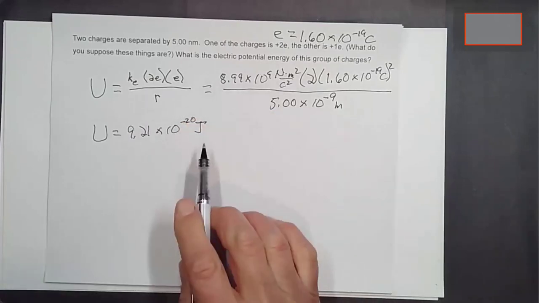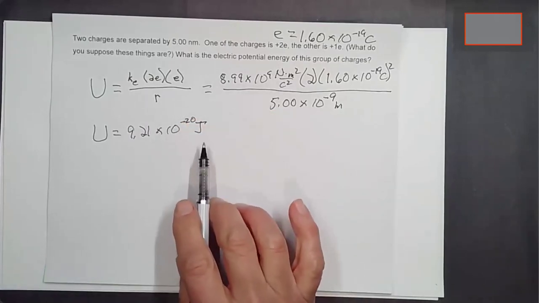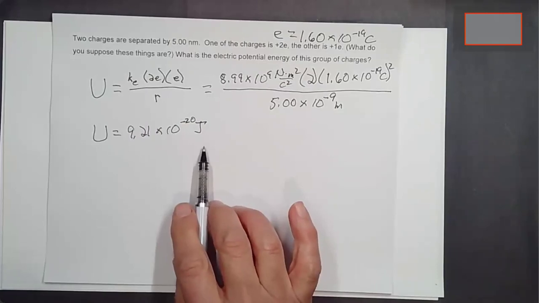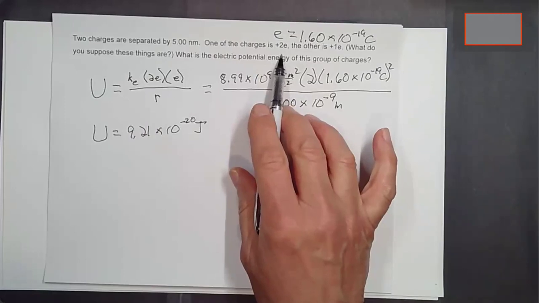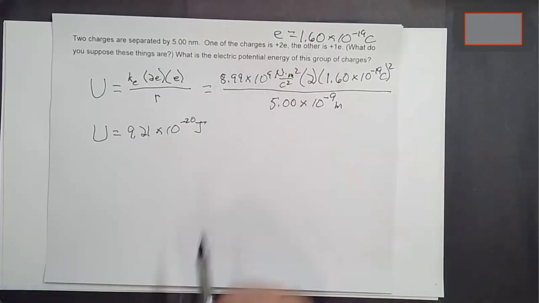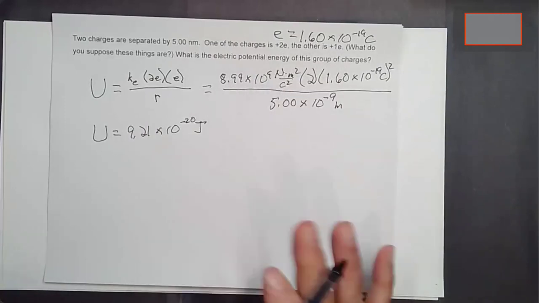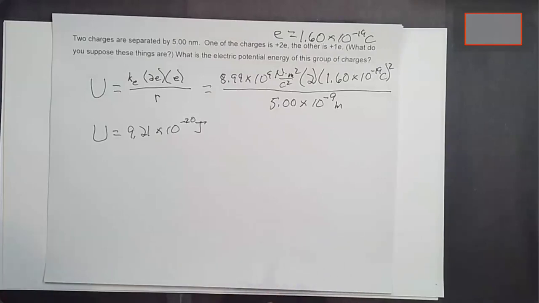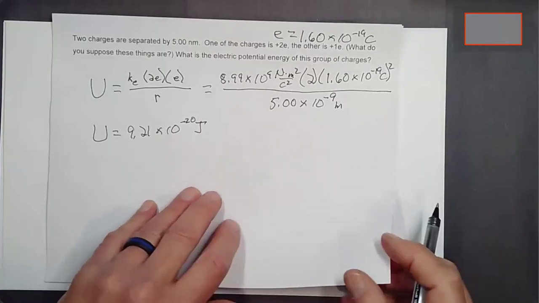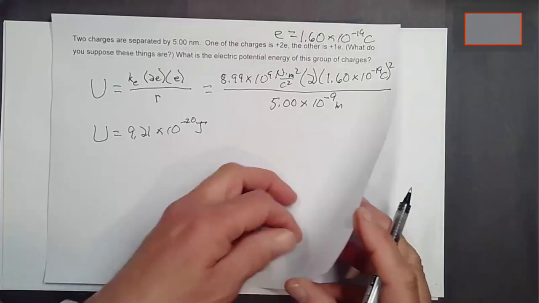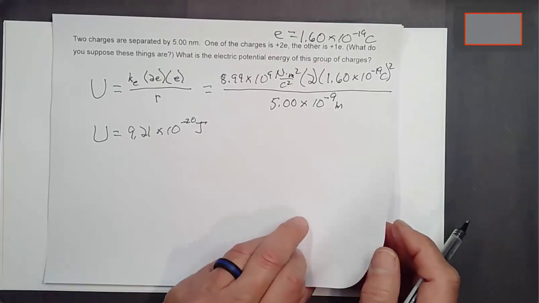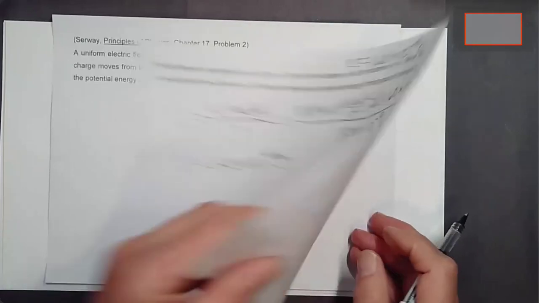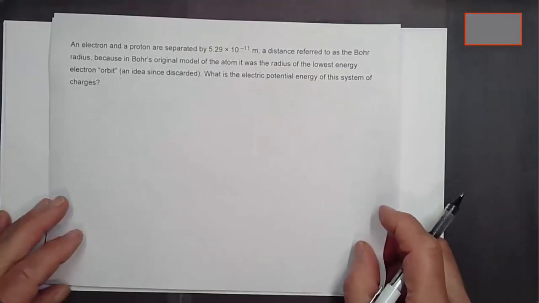Turns out that the joule is not a convenient unit when we're talking about small charges, things that might have a charge of 2e or 1e or something like that. But I'm going to wait for the next problem to introduce the unit that does happen to be convenient. So we'll deal with it that way.